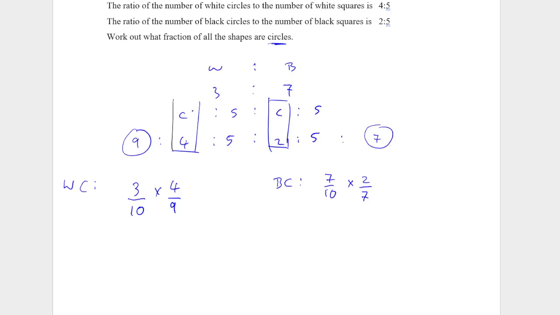Okay, so let's simplify as much as we can. Right, so we can actually cancel that and that. 2 goes into 2 and 5... 2 goes into 4 and 2, and then 1 and 3. So we've actually got 2/15 are white circles, and likewise over here, 1/5 of them are black circles.